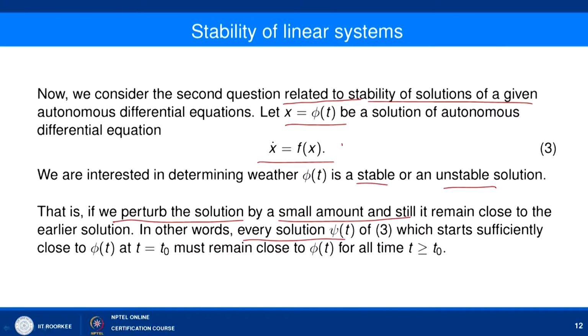If the perturbed solution remains close to the original, unperturbed solution, then we say that the unperturbed solution is a stable solution. Otherwise we call it an unstable solution. In other words, every solution psi(t) of the system x' = f(x) which starts sufficiently close to phi(t) at t = t0 must remain close to phi(t) for all time t greater than t0.